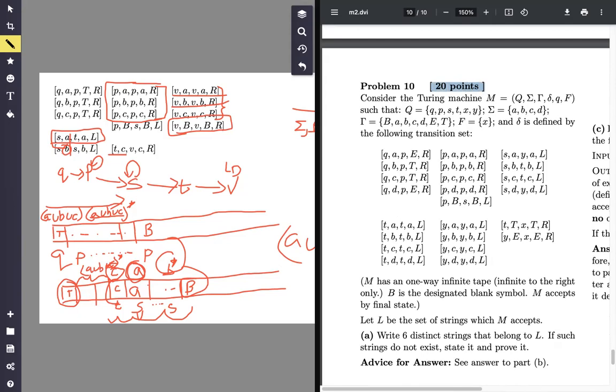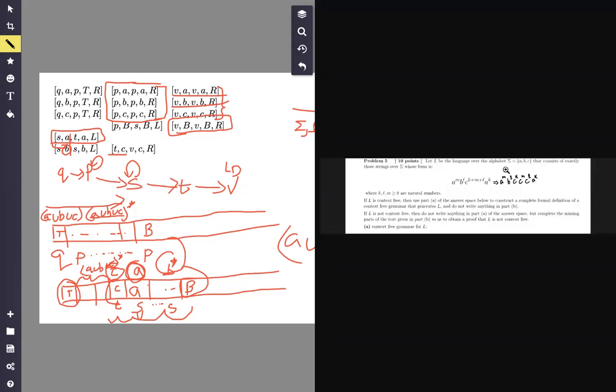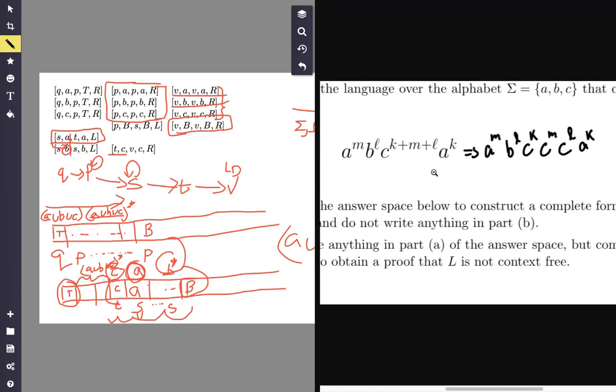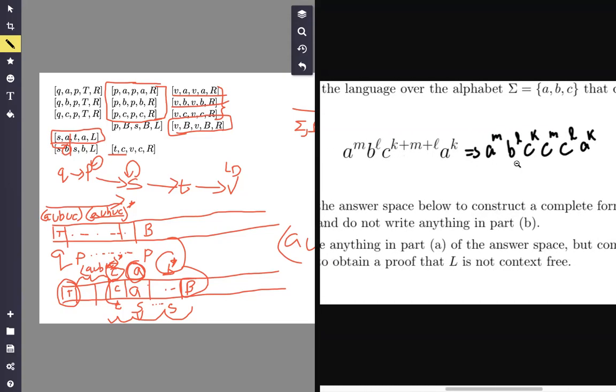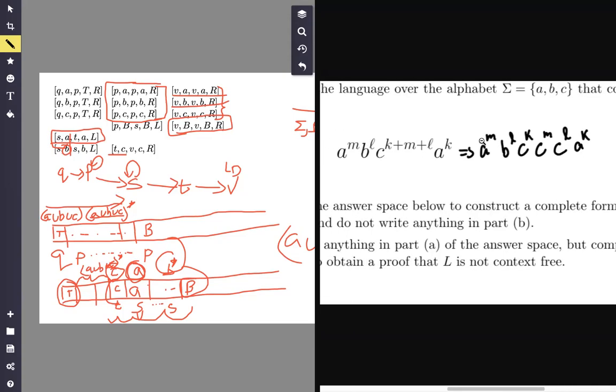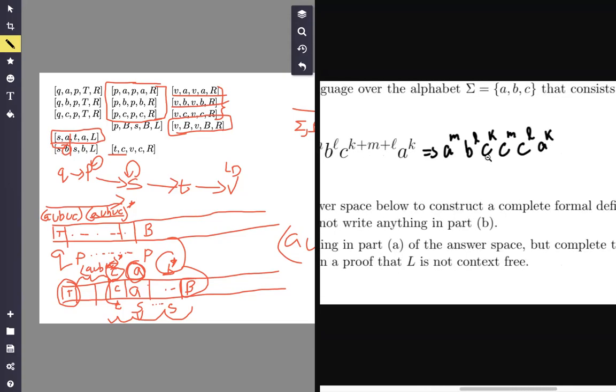Do you have a pumping limit question that you did? MLK. Yo, we got MLK up in here. You see the C and this M and the L?